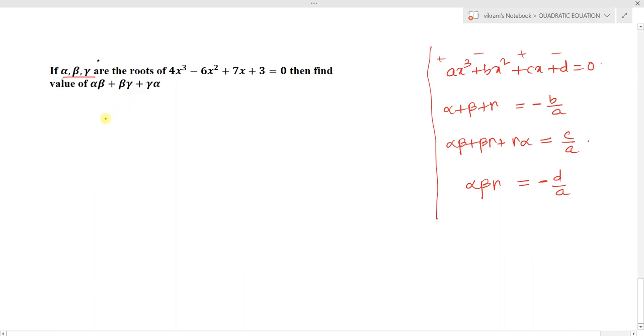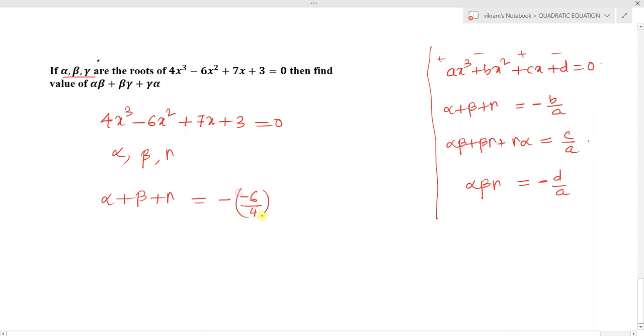Here we have 4x^3 minus 6x^2 plus 7x plus 3 equals 0. Let this have the roots alpha, beta, gamma. Then the sum of the roots, alpha plus beta plus gamma, equals minus of b by a, where b is minus 6, so minus 6 by 4, which equals 6 by 4.